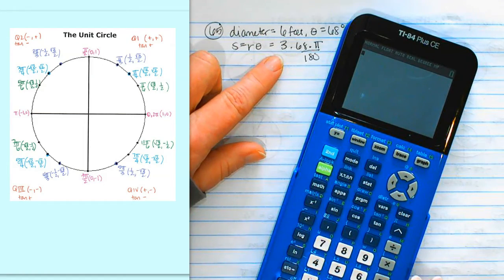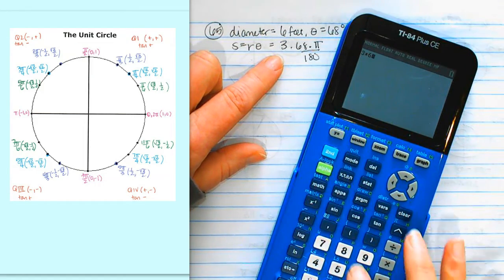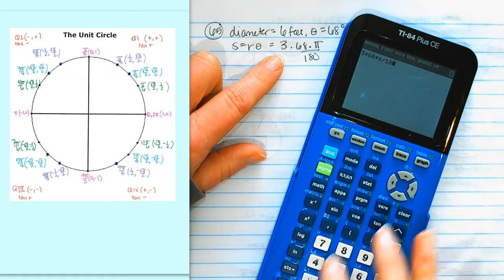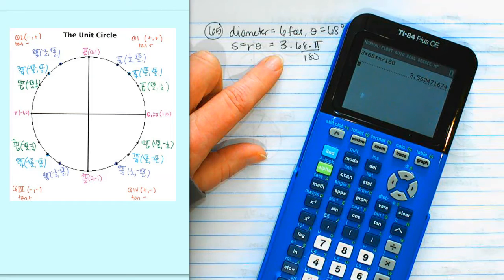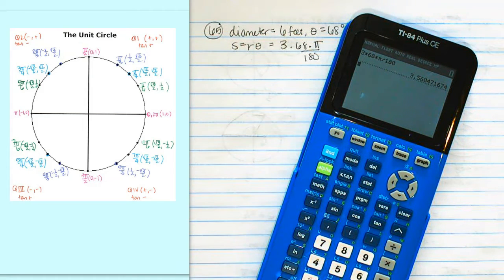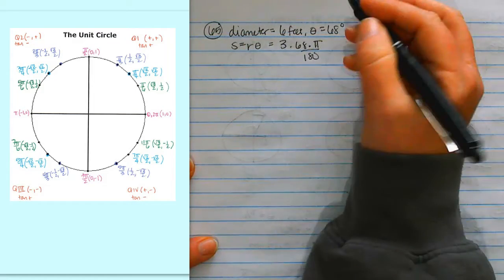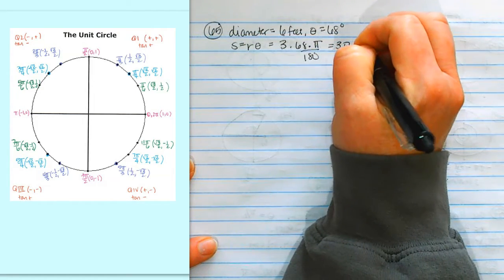So I can just type in 3 times 68 times pi divided by 180. And do use pi on your calculator. Do not try to put in 3.14. You're going to be off in your calculations when we're trying to round to the nearest hundredth. So you need the complete pi. When we round this, we get 3.56, and we're still in feet. 3.56 feet.